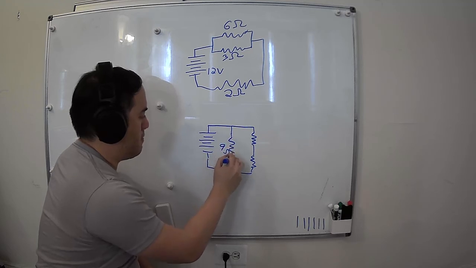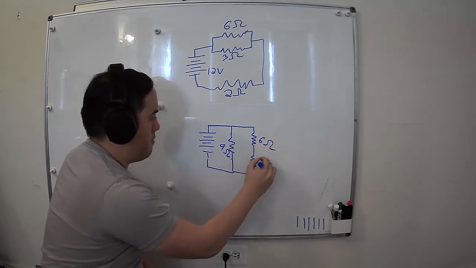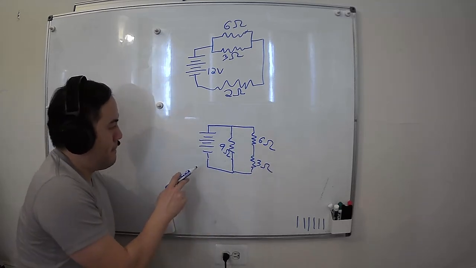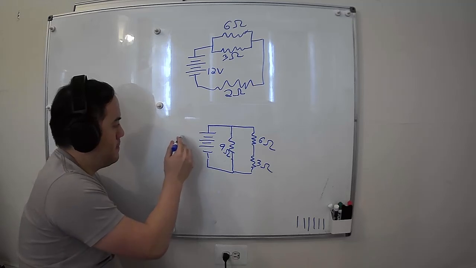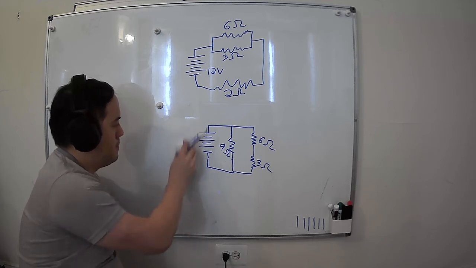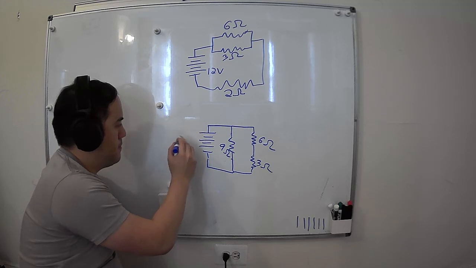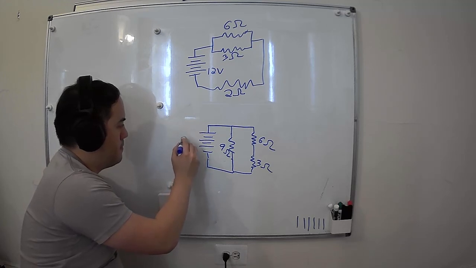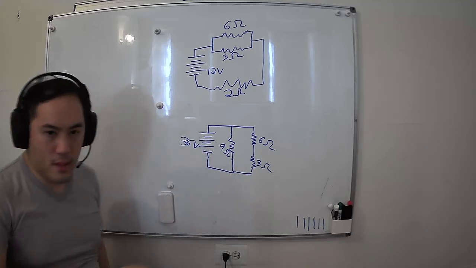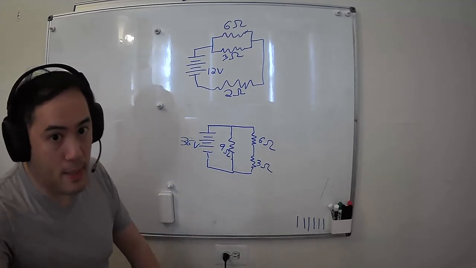Here's another circuit. Okay. So these are called complex circuits.